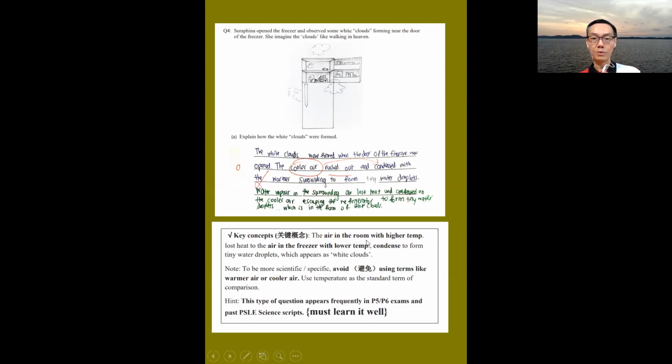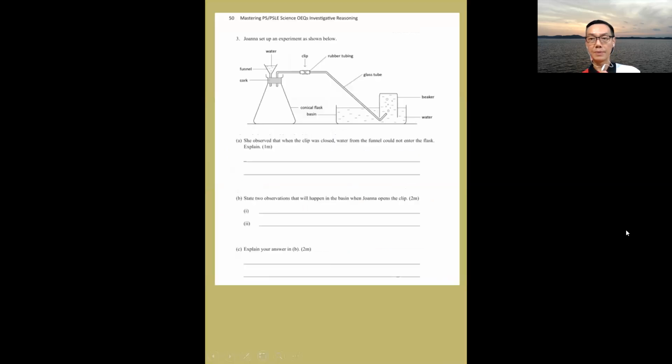The air in a room with higher temperature lost heat to the air in a freezer with lower temperature, condensed to form tiny water droplets, which appears as white clouds. So these type of questions appear frequently in P5, P6 exam, and also in prelim and past year's paper.